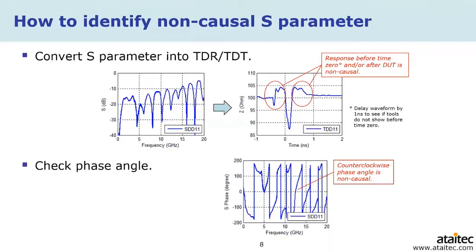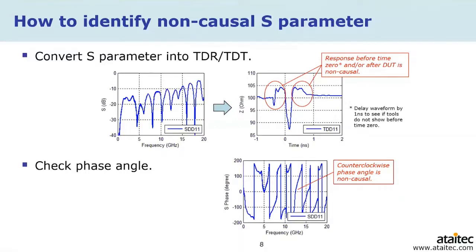So very easily, if we want to tell whether S parameters are causal or not, we can convert them into TDR or TDT. The response before time zero or after DUT is non-causal. So in this graph here, we can see that there's some response before time zero and also after DUT. Many people began to realize causality is a problem.